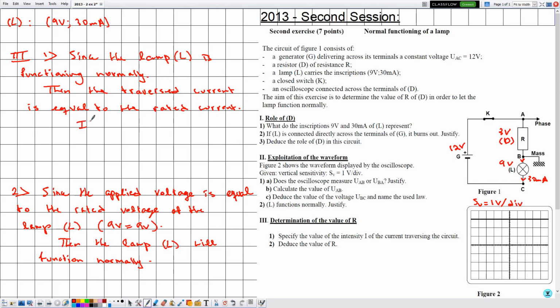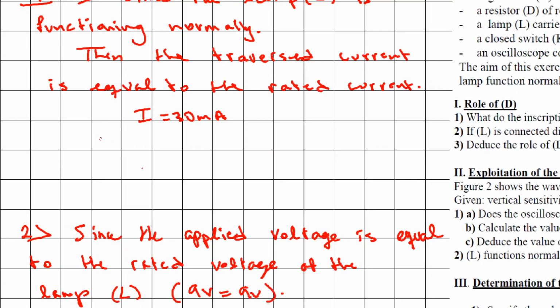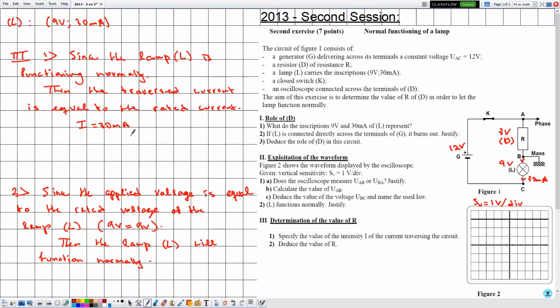Then in this case, I is equal to 30 milliamps. Knowing that milliamps is not the SI unit of electric current, in order to convert from milliamps to amps, we simply divide by 1000. Then 30 divided by 1000 will give us 0.03 amperes. Then the value of I is given by 0.03 amperes.